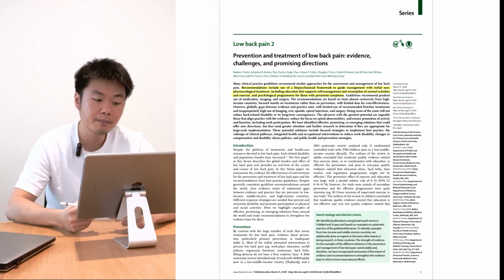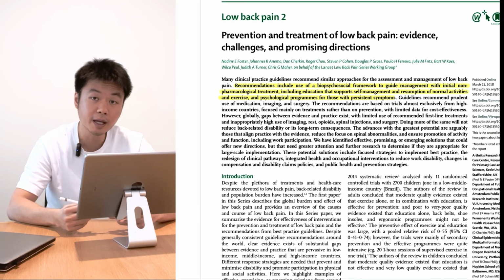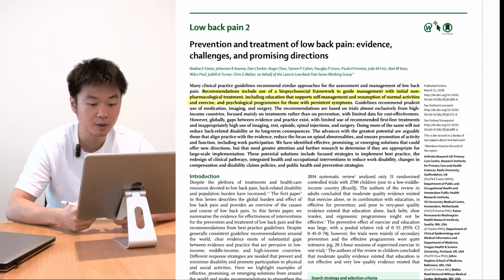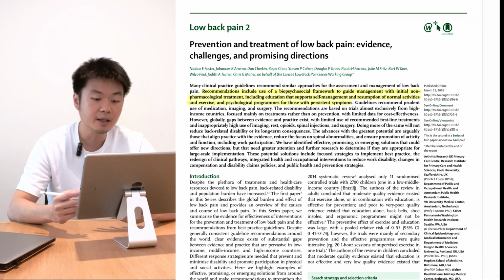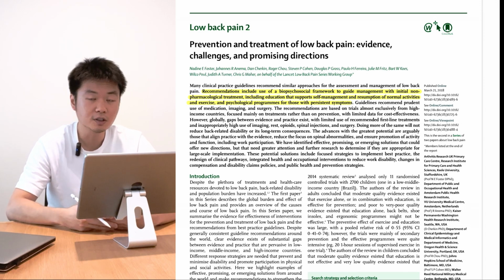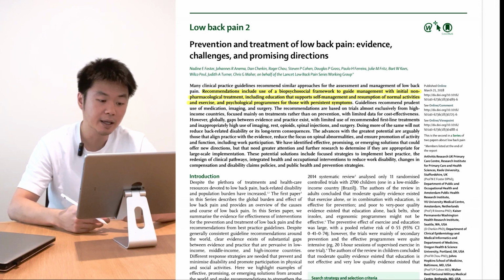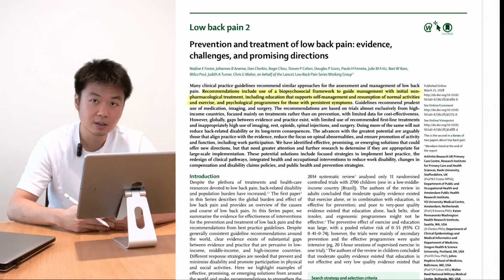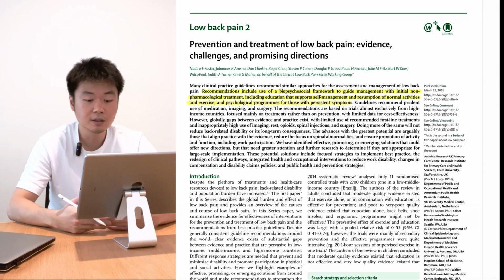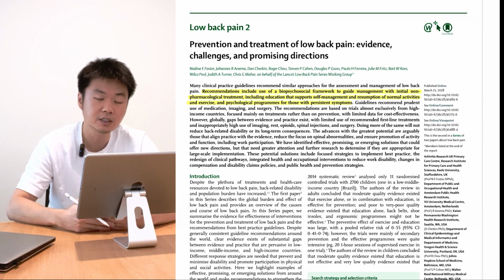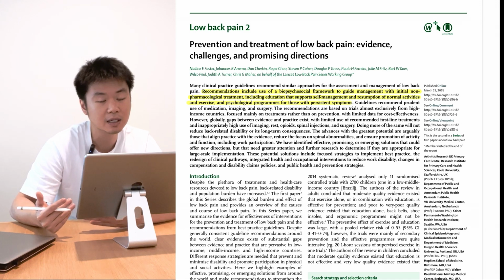Now in the second series of the journal, it says that the recommendations to manage low back pain include the use of a biopsychosocial framework model, and it includes non-pharmacological treatments, meaning no drugs to start off with, and that the first line is education and to support self-management and resumption of normal activities and exercise, as well as psychological programs for those with persistent symptoms.